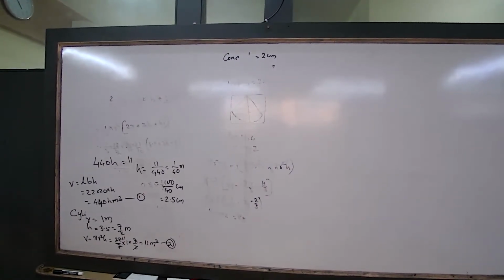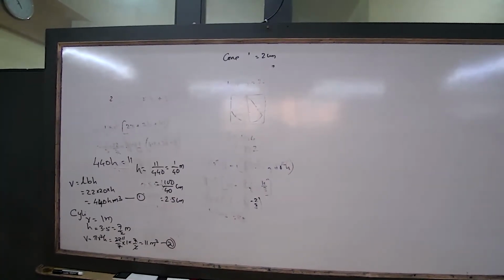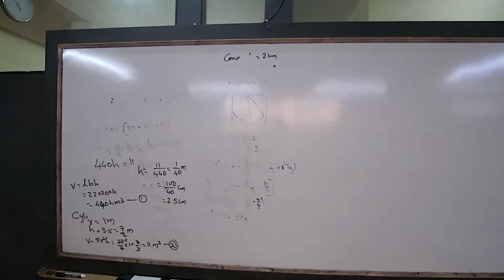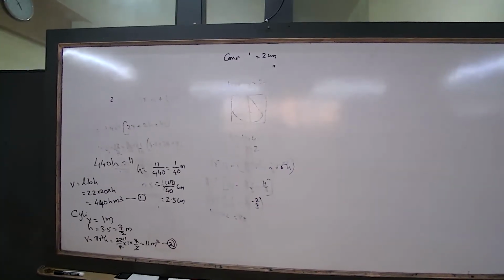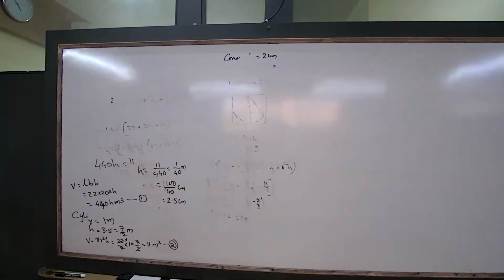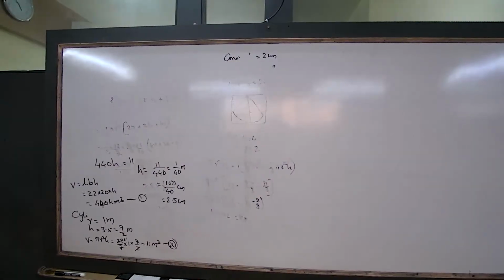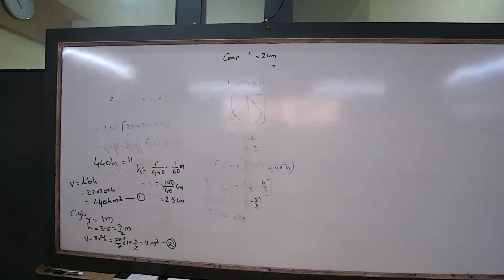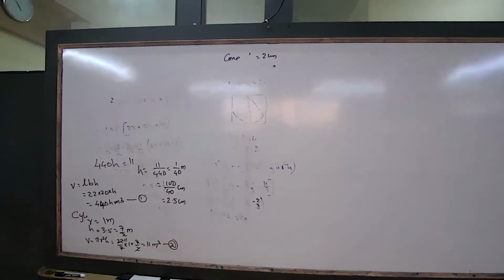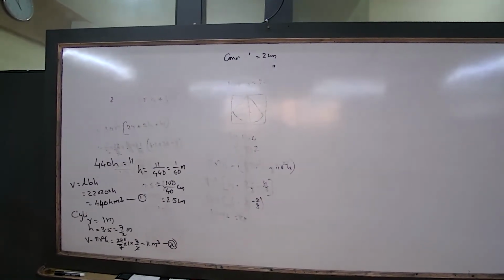First statement right: volume of the hemispherical tank is equal to volume of the cylindrical vessel. Hello, write down.